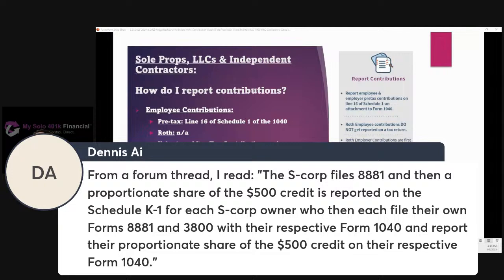So there's one credit at the business level. If it's a sole proprietor, a one-person business, then that person gets the entire $500 credit. But if it's a two-person business, they could decide that one person gets all the credit or the other person gets all the credit, or they share it. But it cannot be more than $500 between the two of them.